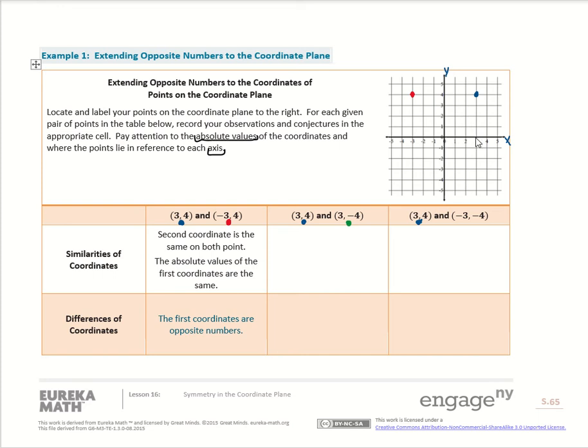So our x value is 3, our y value is -4. That tells us to go to the right 3 and then down 4. Almost right away, you hopefully can see some similarities, but also some differences between what we just did and what we're doing now.